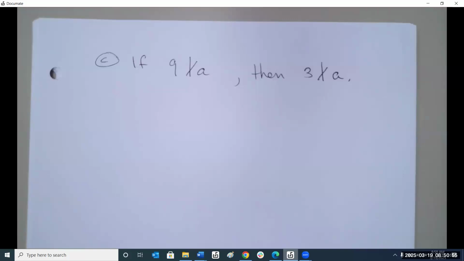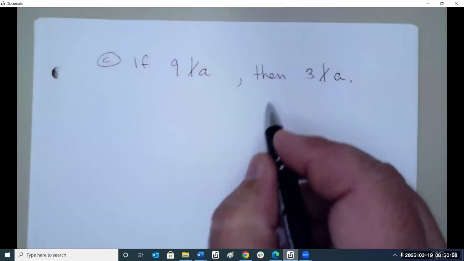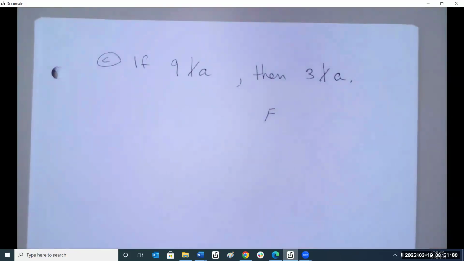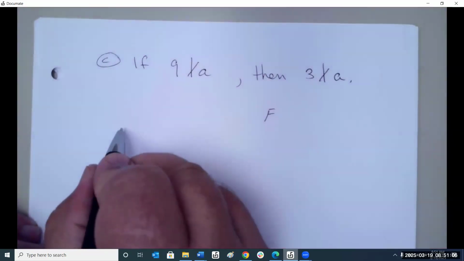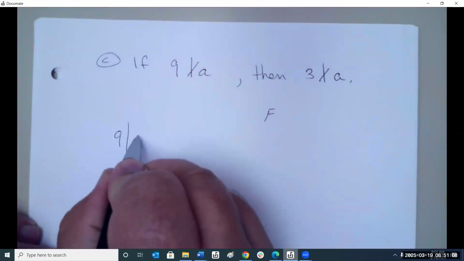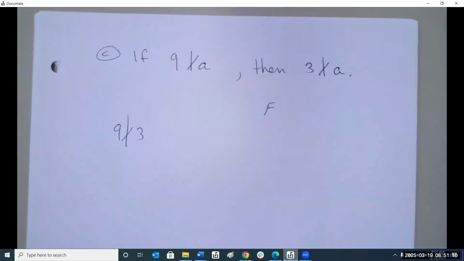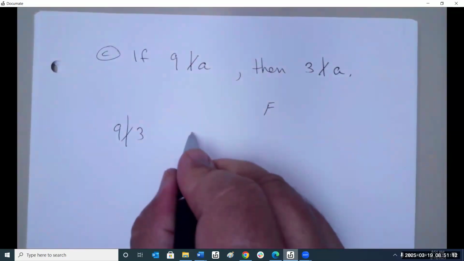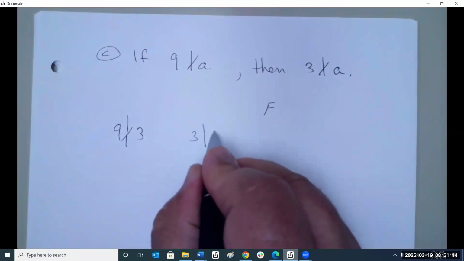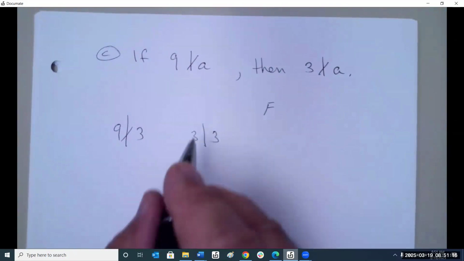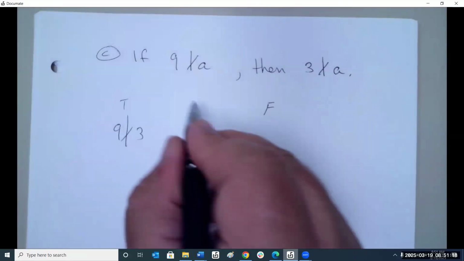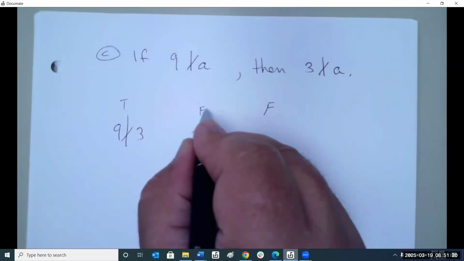Why? Because 9 can't be divided by 3 to make a whole number, but 3 divided by 3 can make 1. Yeah, so that's true. But this is true and this is false.